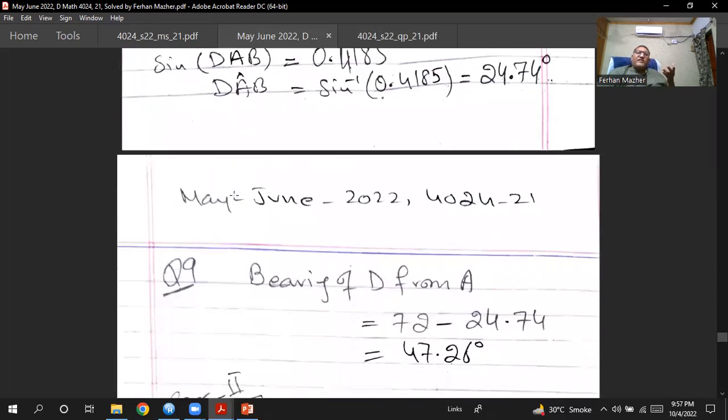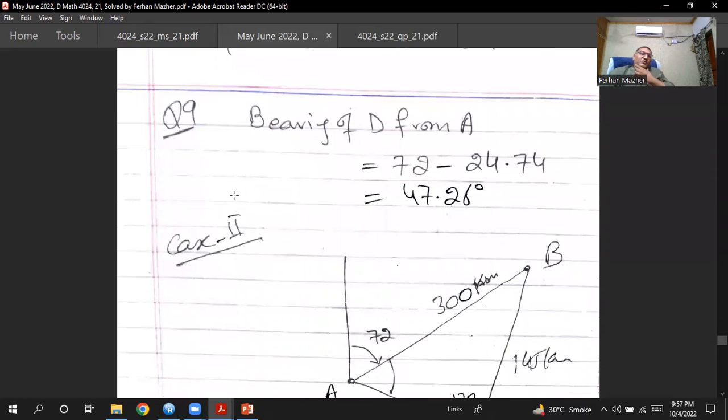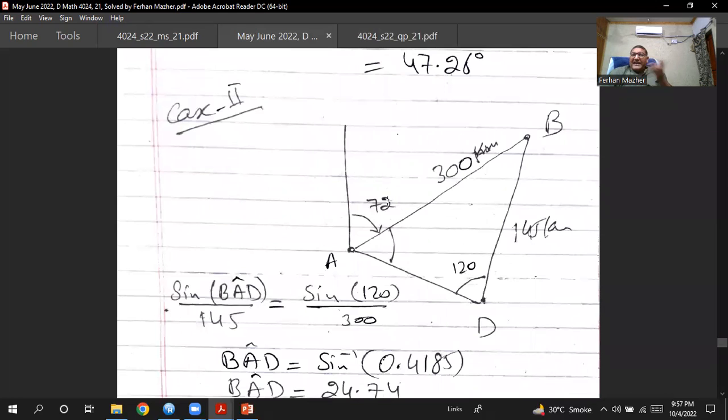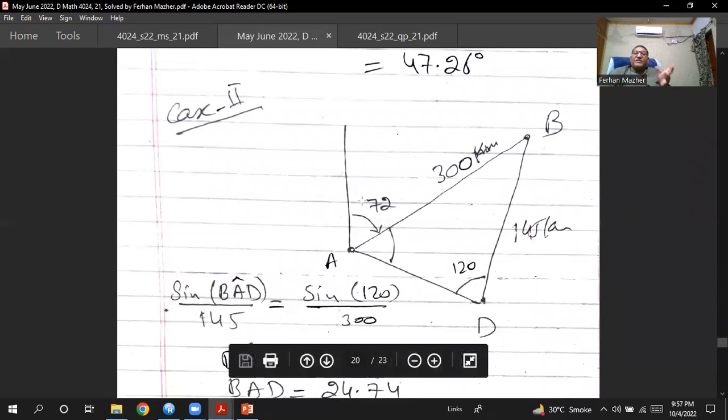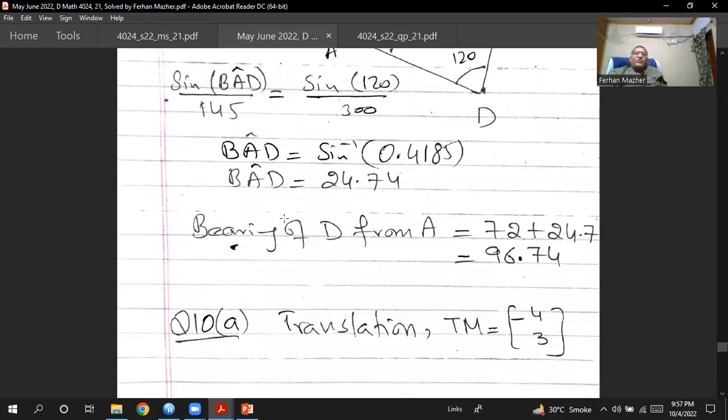So the bearing of the D from A was 72 minus 24.74. And then this is the second case, and we found this angle with the help of the law of sines. The bearing of the D from A in this case will be 72 plus 24.74. So this is how you will do this question.